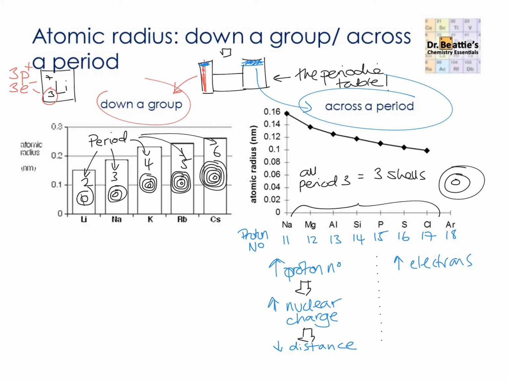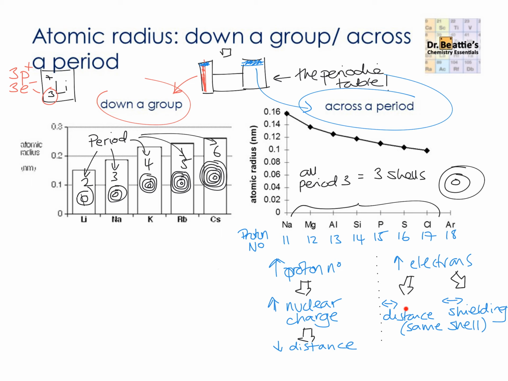And so whilst we're increasing the number of electrons, we're putting them in the same shells, and so shielding remains exactly the same, as does the distance between the outermost electron and the nucleus, because there are no more shells to increase that distance. And I'm just using these symbols here to show that it's unchanged, because it's neither increased nor decreased.